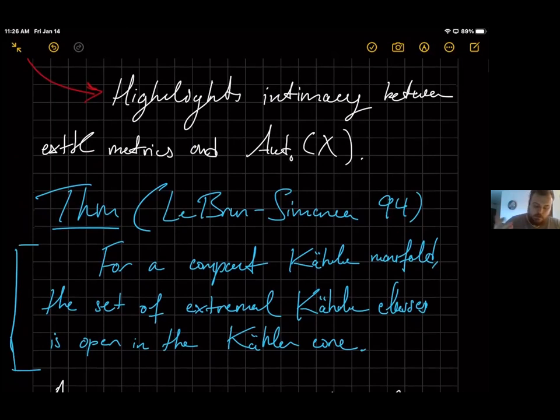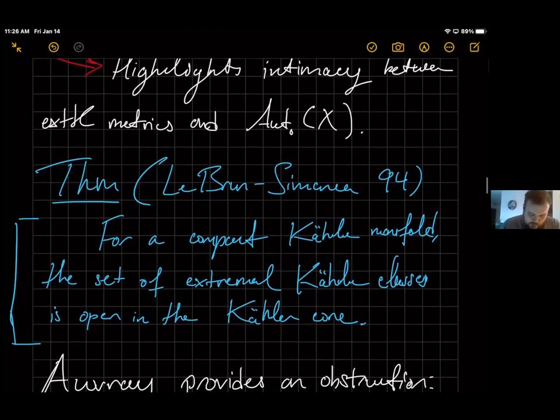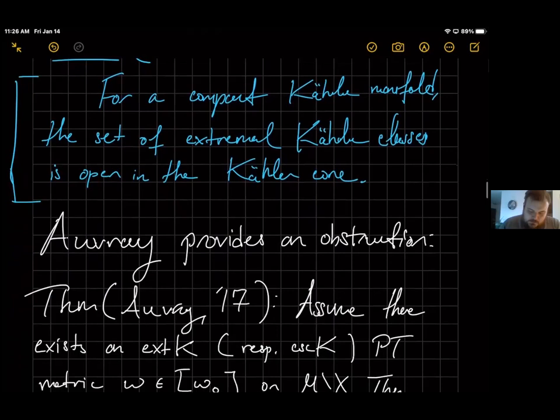But in general, you're not going to get openness because you could perturb your constant scalar curvature class and land in an extremal class. And this is sort of the result that I'm working on to generalize. Can't be generalized to Poincaré-Type metrics, but hopefully can be generalized to the generalization that I'm about to share of Poincaré-Type metrics.